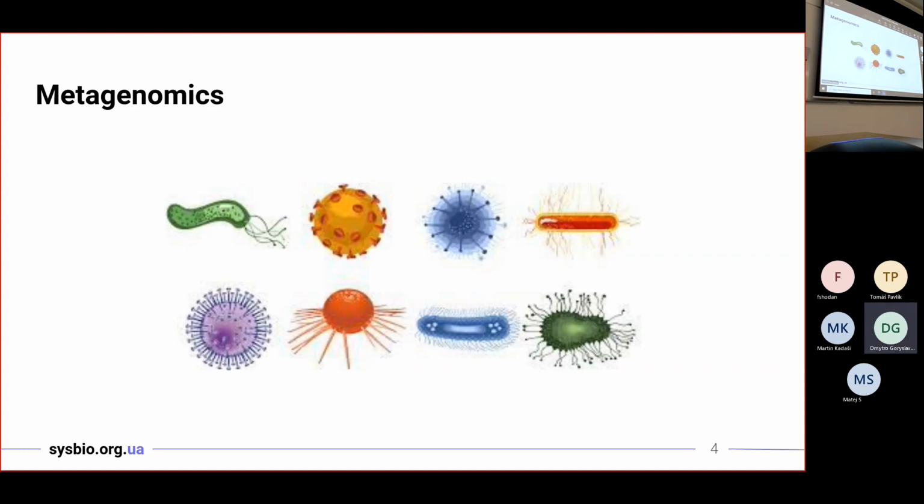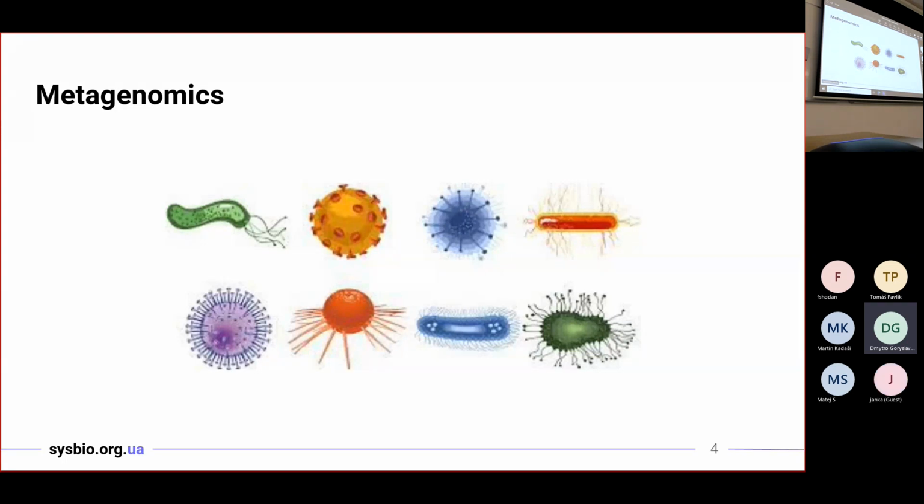We also know that among us there are other life forms on Earth, and some of them directly affect our life and health. I mean different bacteria and viruses, and it is reasonable to study those microorganisms on a genomic level in order to understand better the nature of diseases caused by them.